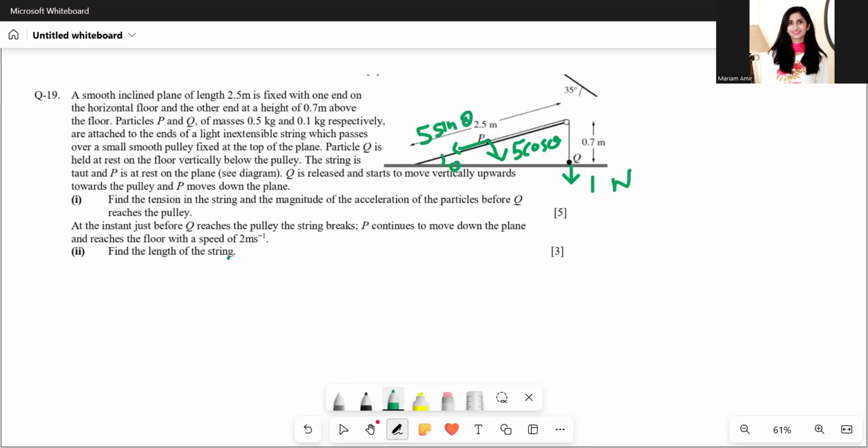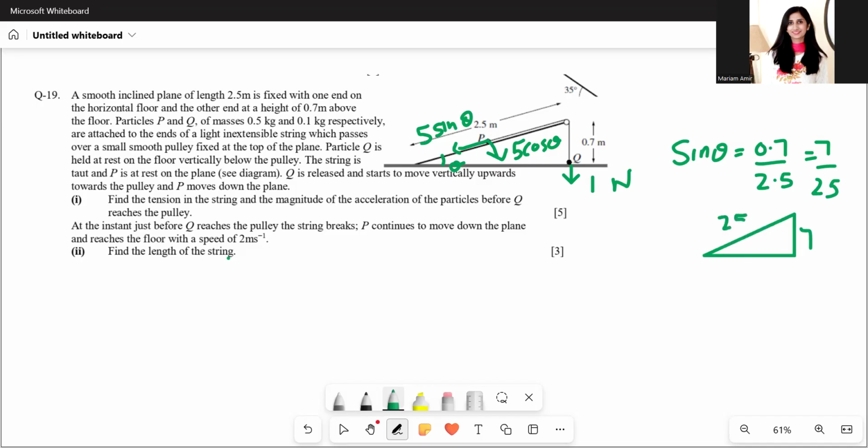Theta is this angle. We can find its value. We can find sine theta and cos theta. Sine theta is 0.7 over 2.5, which simplifies to 7 over 25. And cos theta would be, if this is 7, this is 25, I'm applying Pythagoras.